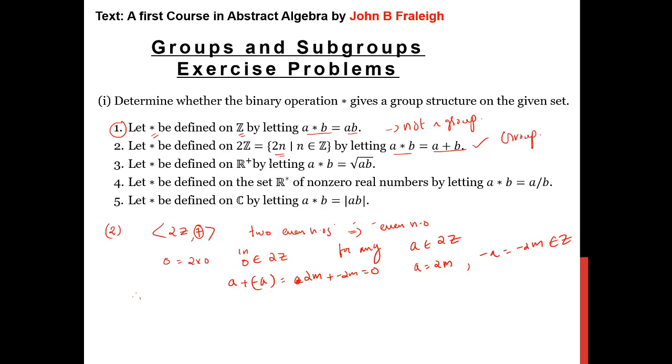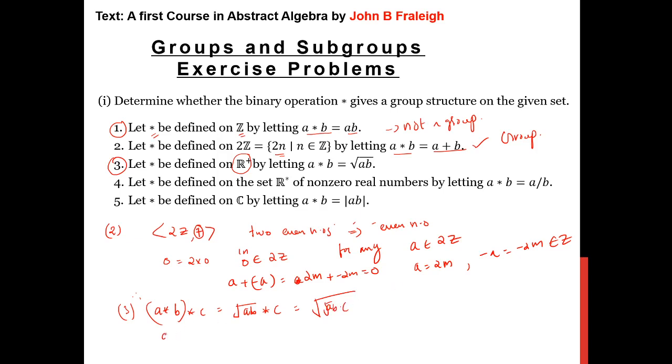And the third one: a star b equals root of ab, defined on the set of all positive real numbers. Now, we can check the associativity property. If we take a star b star c, this is equal to root ab star c, which is equal to root of root ab times c.